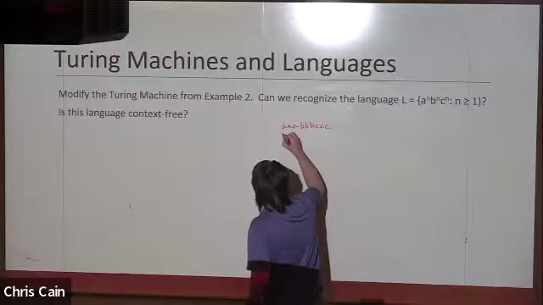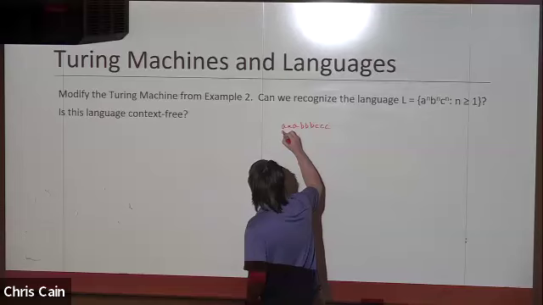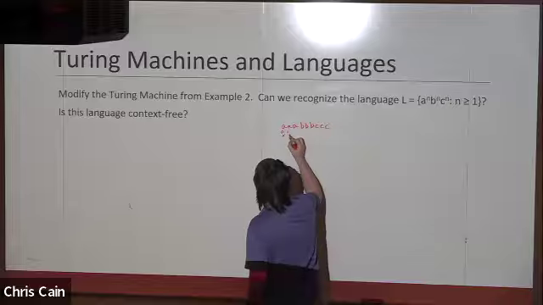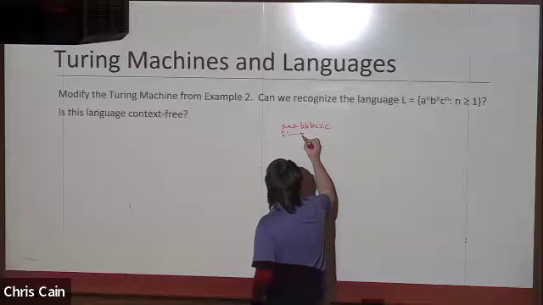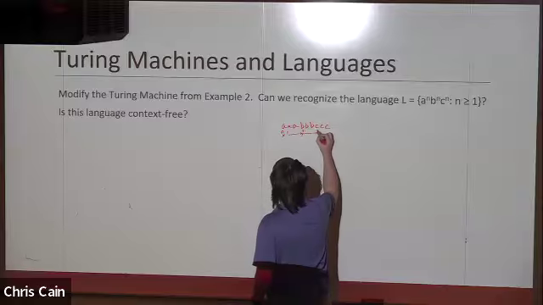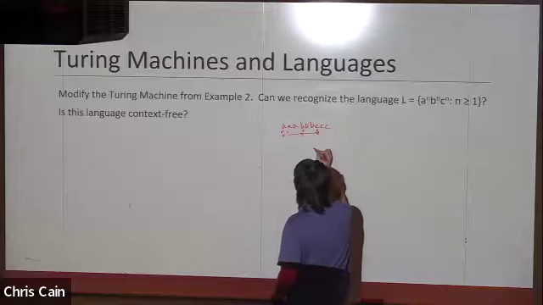So if we're in state 0, we would convert this into an X. We would need to immediately move to state 1 to move past all of the A's to the first B, which we would convert into a Y. But then we need to move to a new state, state 2, in order to move past and see the first C, which becomes a Z, which I would say is state 3.